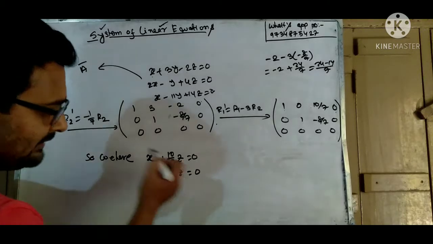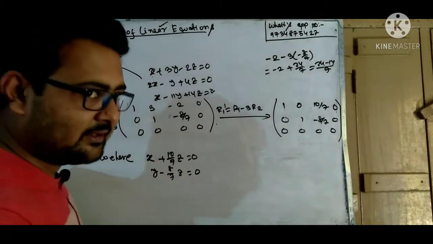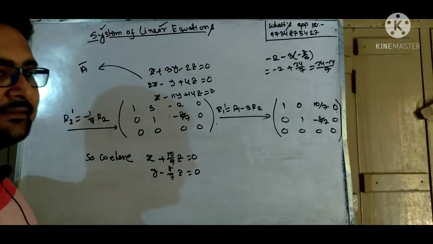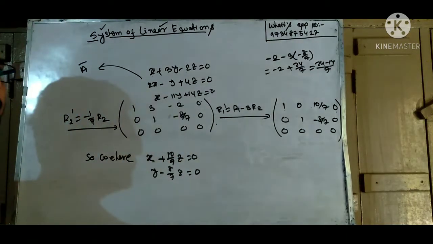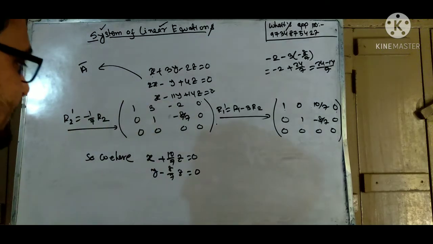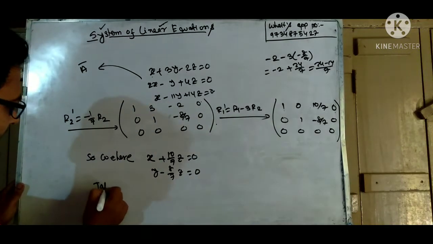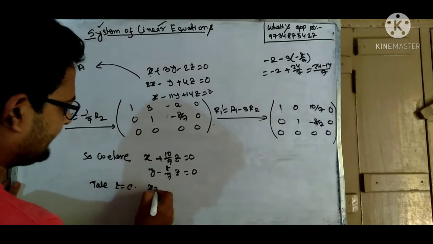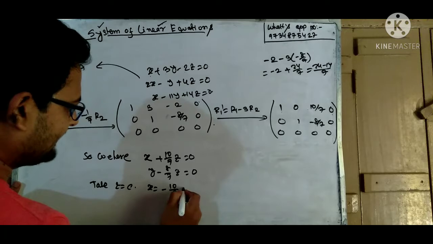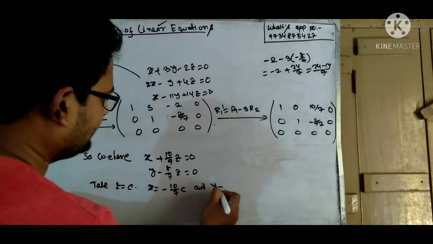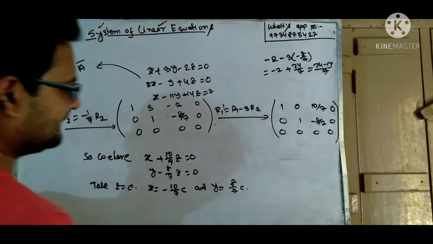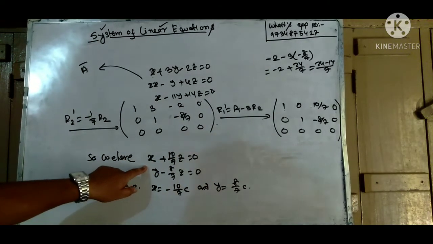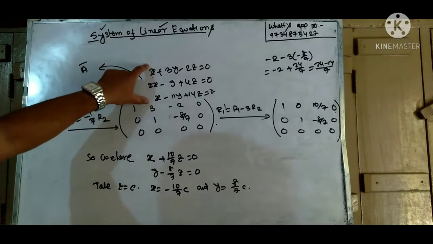Since z is the common variable and we have to take one variable as an arbitrary constant, we will take z as the arbitrary constant. So take z equals c. Then from the first equation, x equals minus 10 by 7 c and y equals 8 by 7 c. This becomes the solution of this system of linear equations as well as of this system.